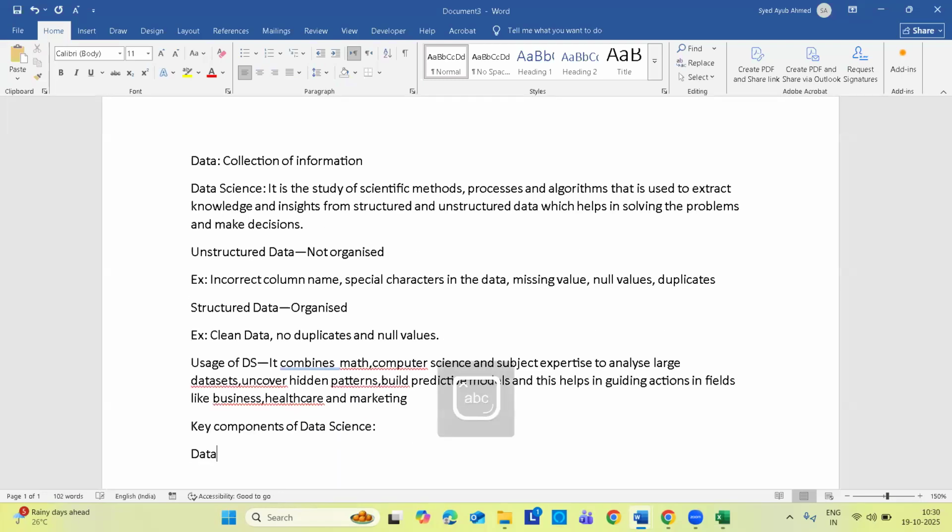First is data extraction and cleaning. You'll get the unstructured data, so after doing the data cleaning only, you can make that unstructured data as structured data, and then your analysis will get started.